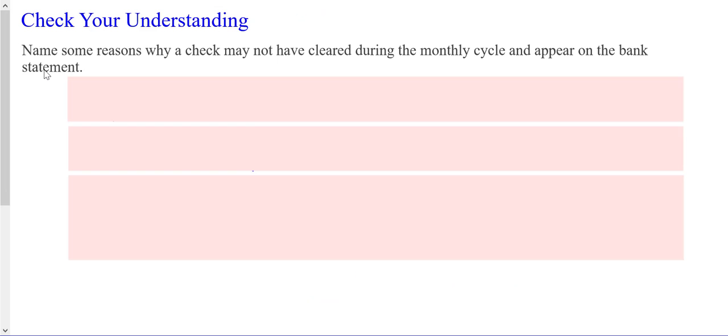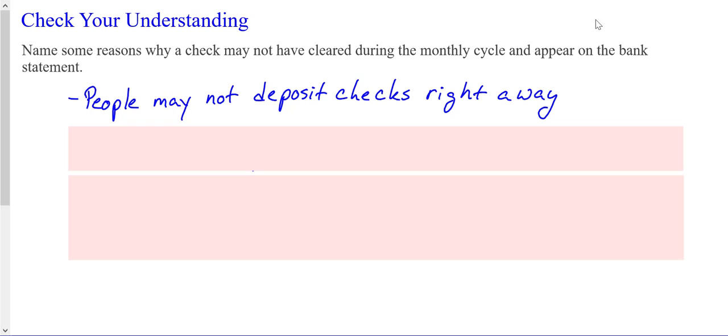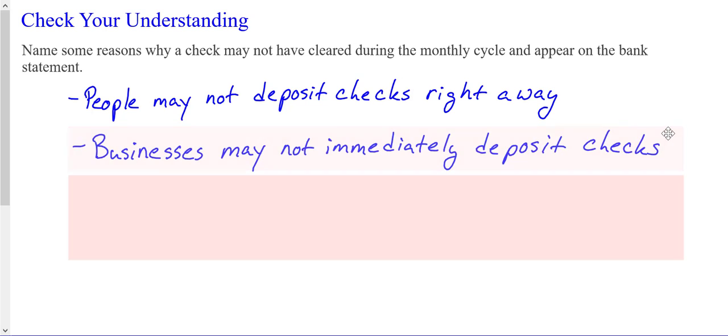So one of the things people often ask is, why might a check not have cleared during the monthly cycle and appear on the bank statement? So many people may not deposit checks right away. I'm sure you've all had family members who have given you a check for your birthday, Christmas, whatever, and you may have waited a month or two before you deposited it.